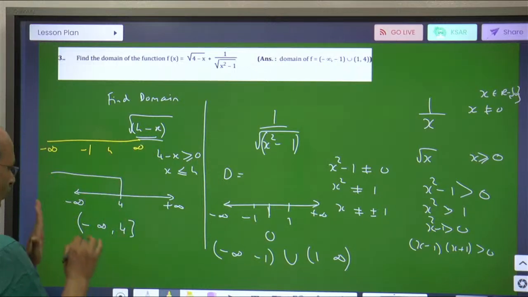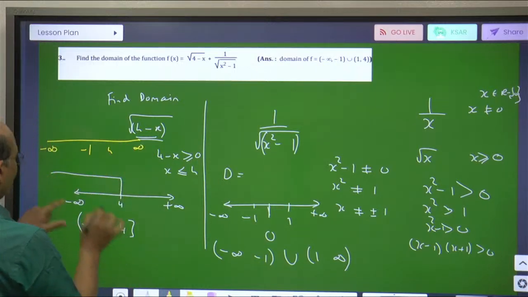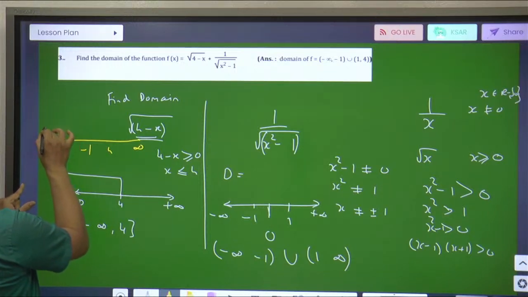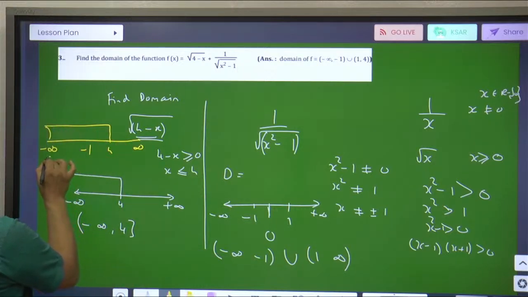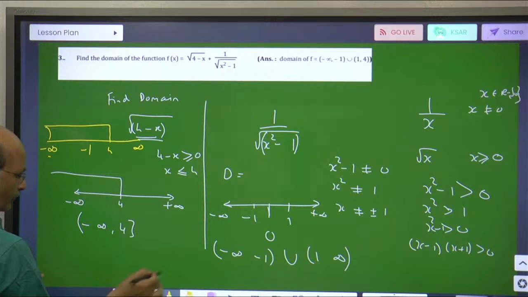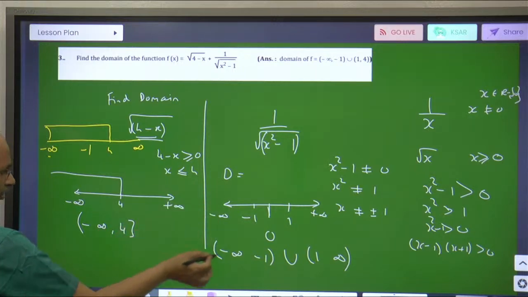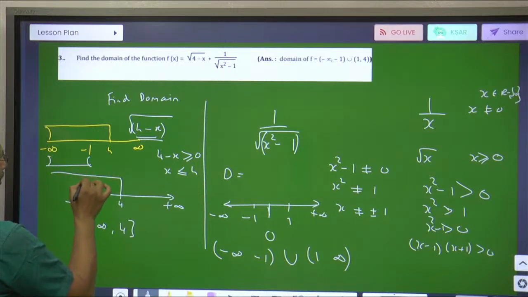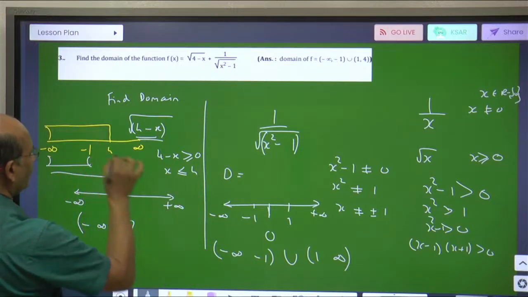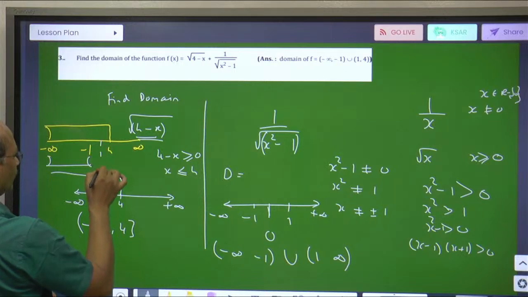Okay, now look. So if you look at minus infinity to 4, I am just putting this here as it is not inclusive. Minus infinity to 4, and this is minus infinity to minus 1, and then 1 to infinity. Here there is 1 also.